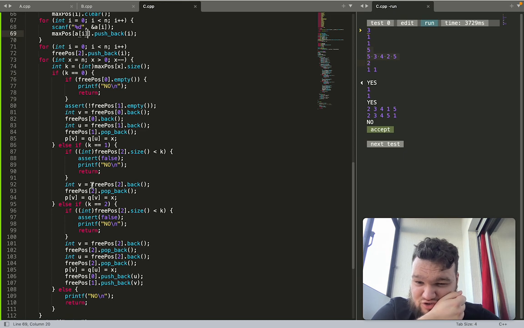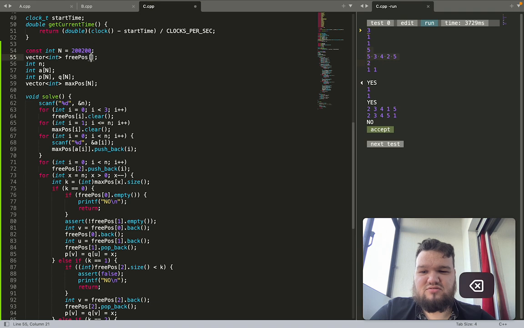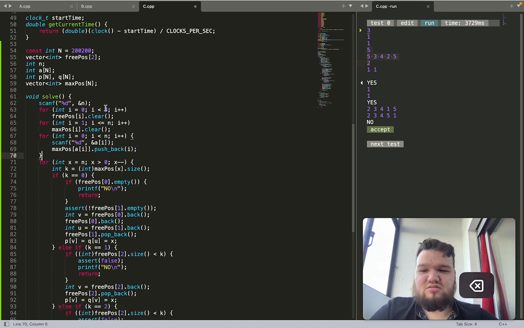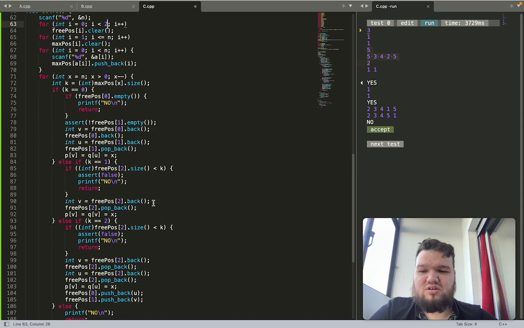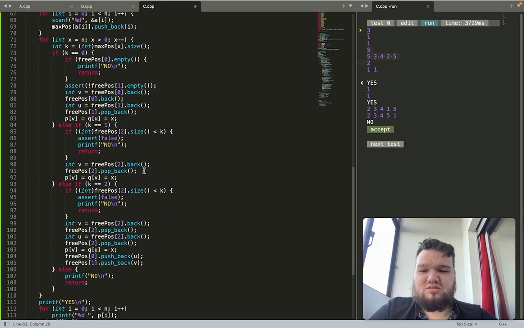I cannot just choose this. I have to put them where the max positions are. That was stupid. Okay, that means that I don't actually need this thing, so we can just say it like this.